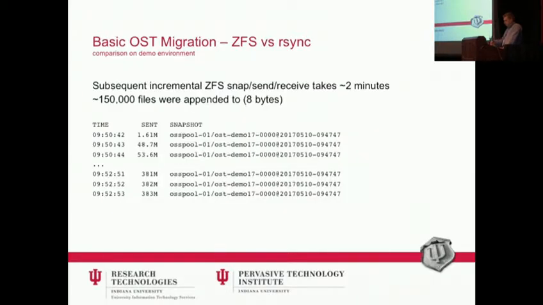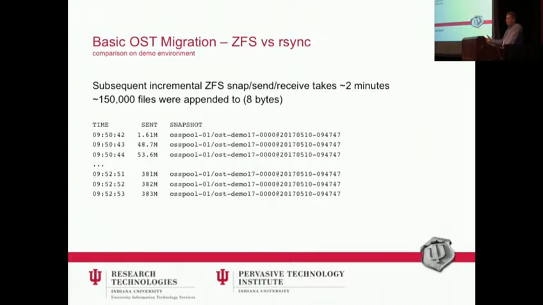We then took that OST 0000 and modified about 150,000 files of the 1 million files, and we just appended 8 bytes to each file. So it was a very small data update, on about 15% of all the files there.